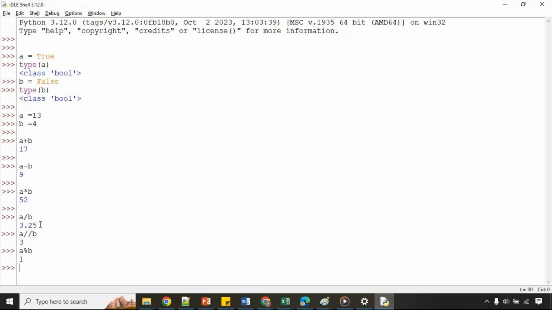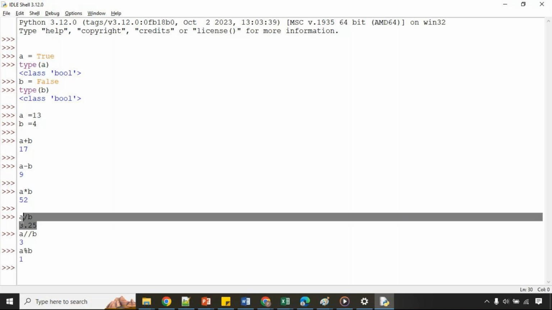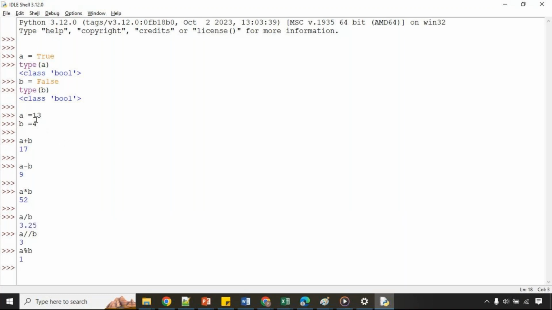Remember this one, guys. This is going to give you the complete quotient value. When you divide 13 with 4, 4 threes are 12, remainder 1, then add 0, 4 twos are 8. So this is going to give you the complete quotient value, and this is going to give you a round of this value, whatever the 3.25 round value is.